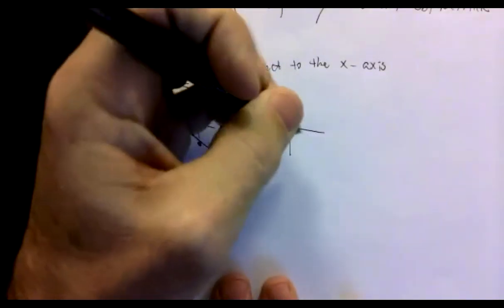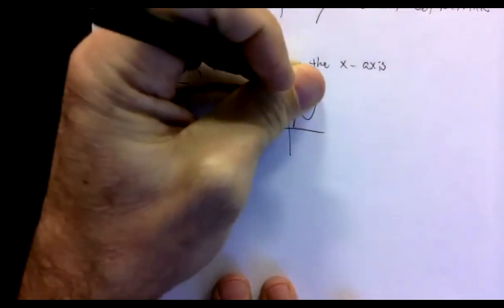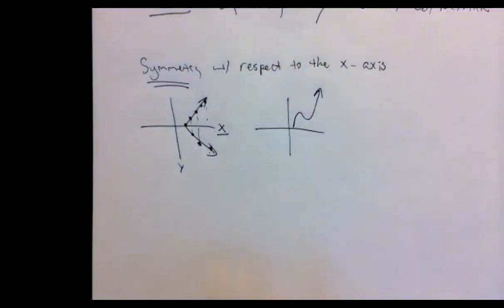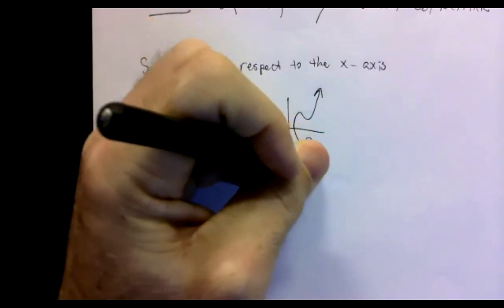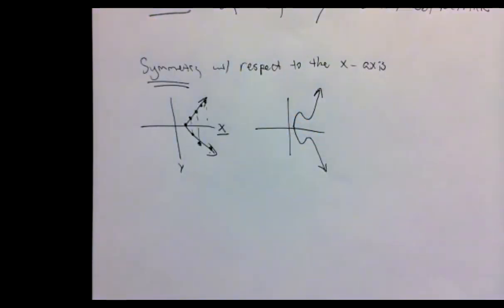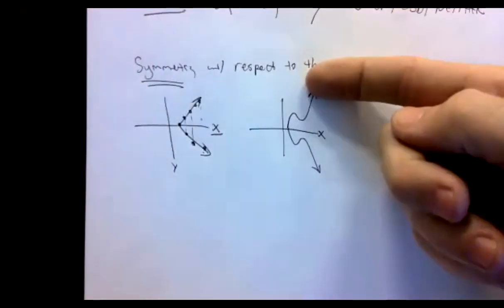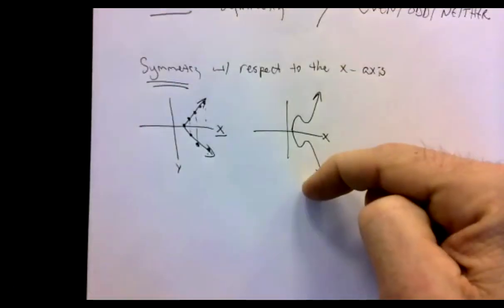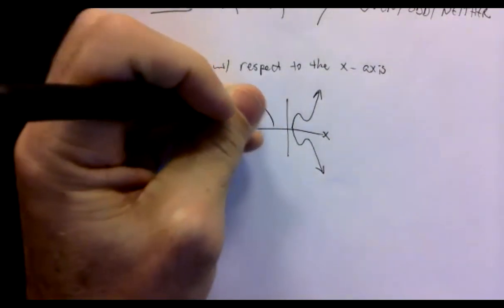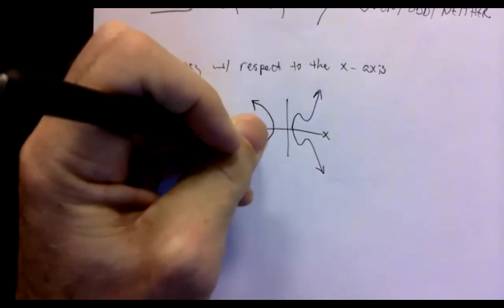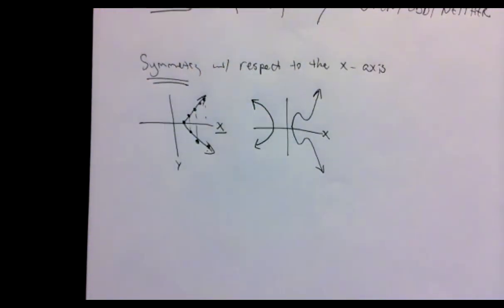I'll do another one. Okay? So if this graph is going in this way, symmetry with respect to x would look like a mirrored reflection. Basically, if you think of it this way too, if you could fold it in half over that, then you have symmetry with respect to x. And it could go opposite too, like it could go in that direction as well.